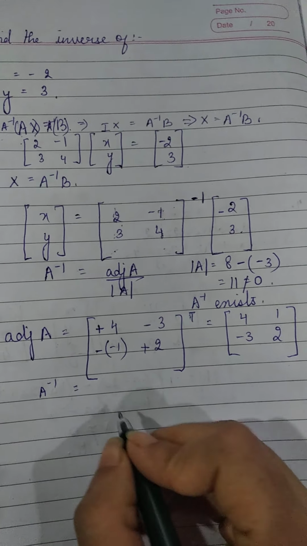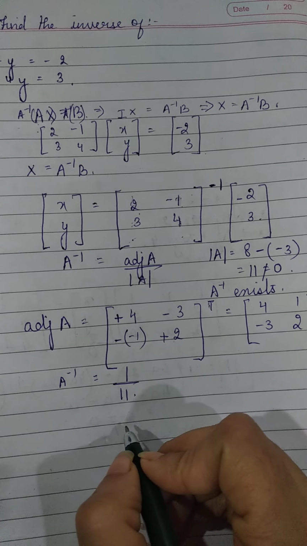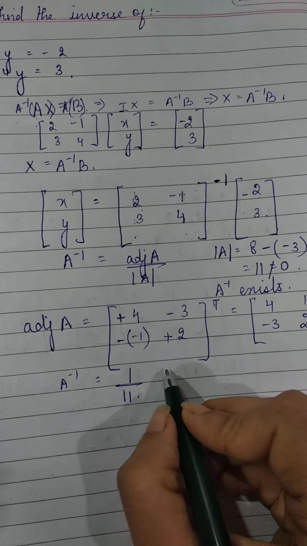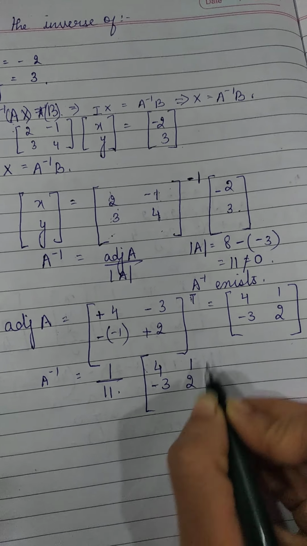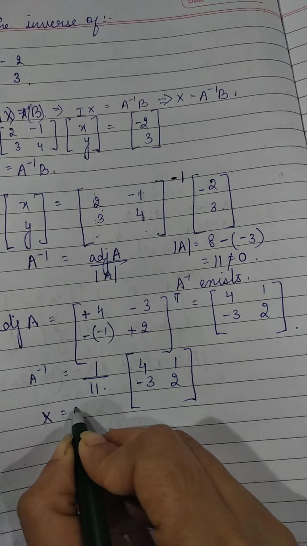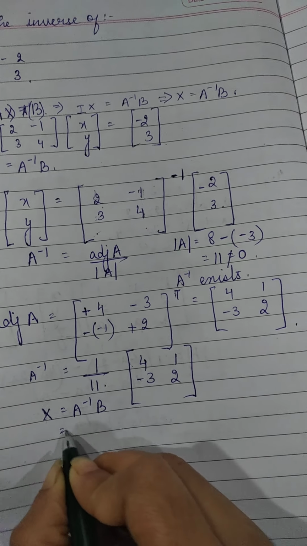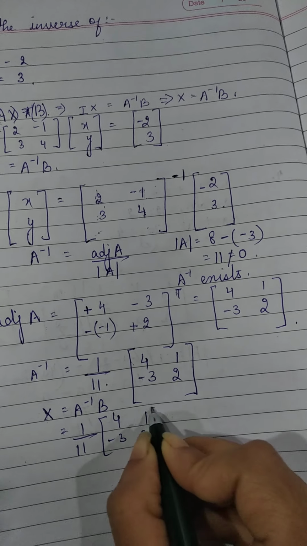A inverse would be 1 upon 11 times 4, 1, -3, 2. Remember, X equals A inverse B. A inverse is 1 by 11, 4, 1, -3 and 2.